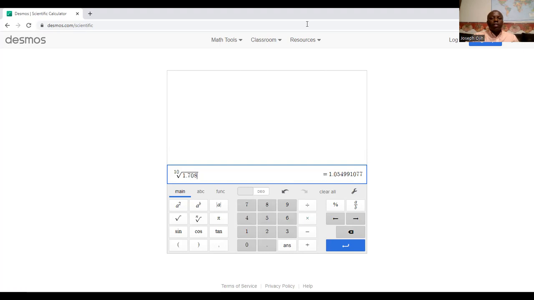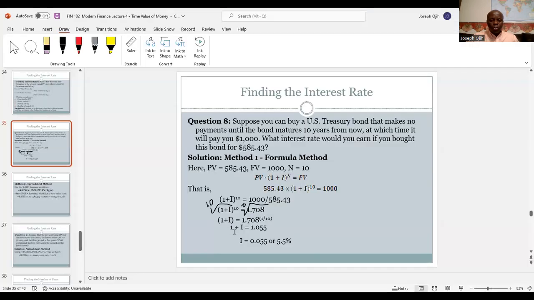And you can see it on the screen, 1.055. So 1 plus I equals 1.055. So to find I by algebra, you subtract 1 from both sides. So I becomes 1.055 minus 1.